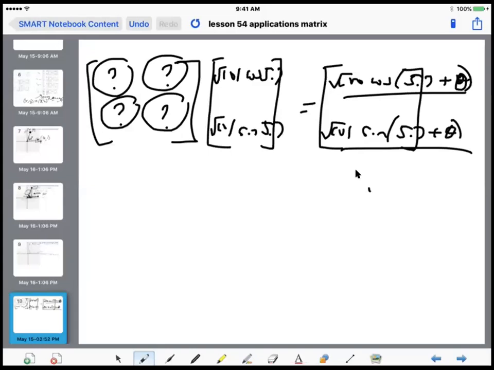Because this is my goal, but maybe there's something equivalent to that goal that might be more achievable. I want to type in what might be more achievable than radical 101 cosine of 5.7 plus theta. It might be more complicated, but it also might be more feasible. Anyone have a thought on that?